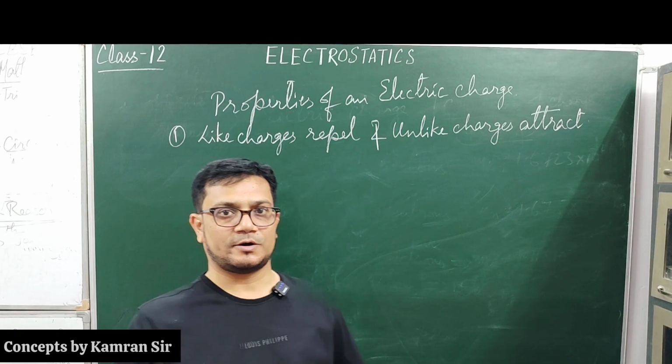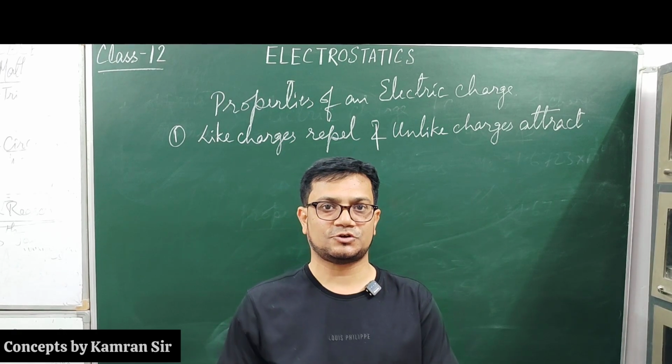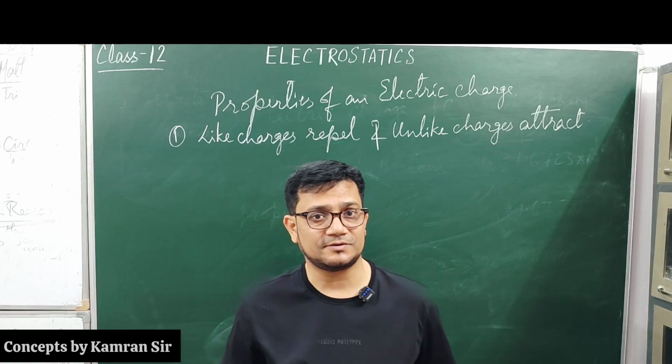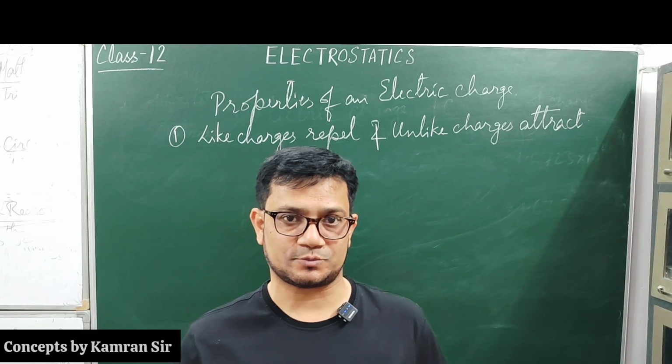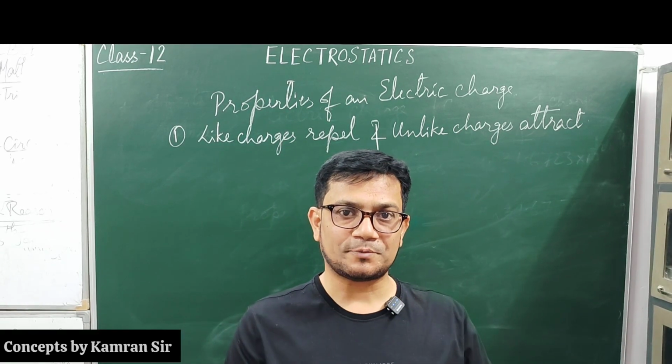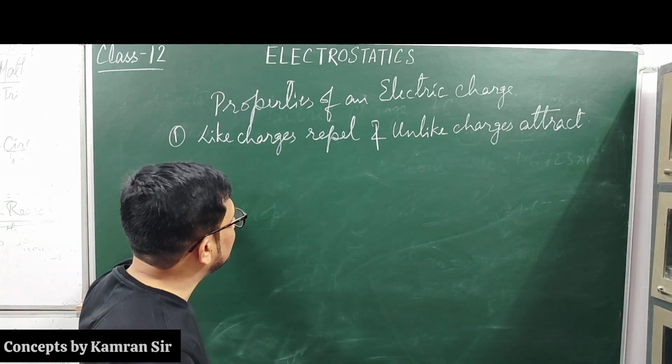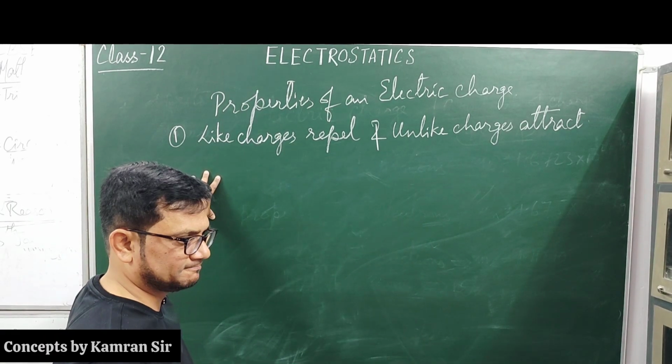If you bring two bodies, both positively charged, or both with negative charge, they are going to repel in close proximity. If you bring the opposite nature together, it's going to attract. So like charges repel, unlike charges attract.